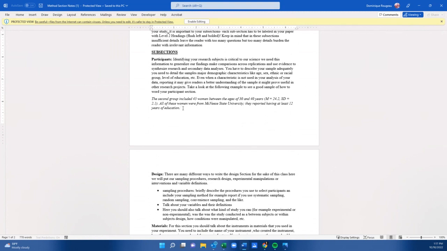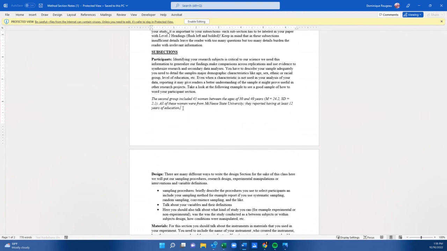you do have to do some descriptive statistics in this section. So you need to talk about your mean age. You need to talk about the frequency of certain demographics. You need to talk about the standard deviation of any continuous variables like age. What was the mean age? What was the standard deviation of the age? How many males?